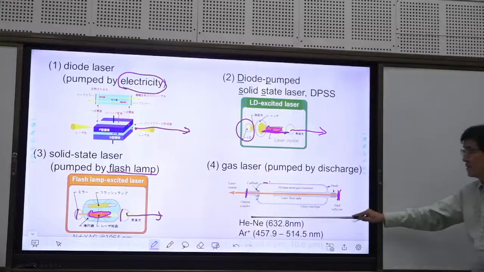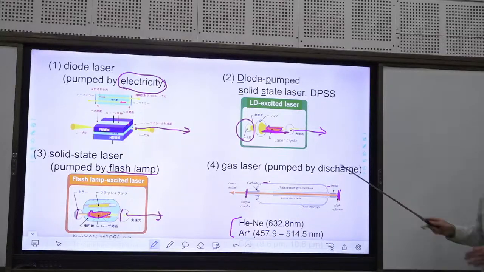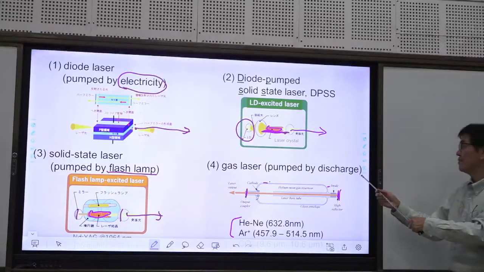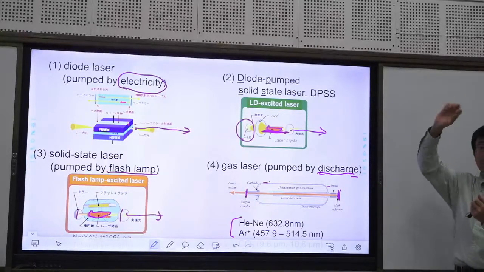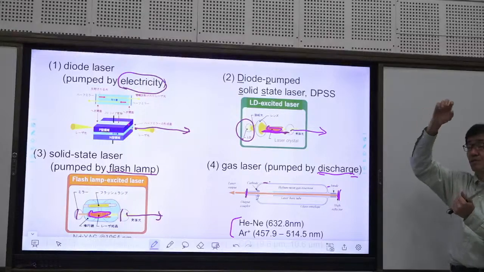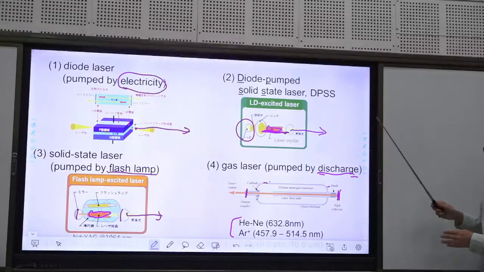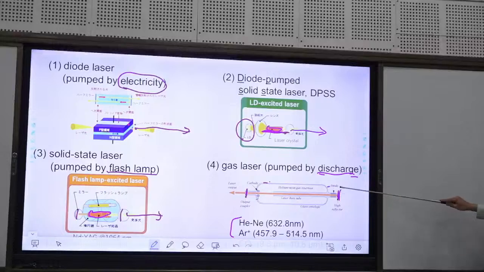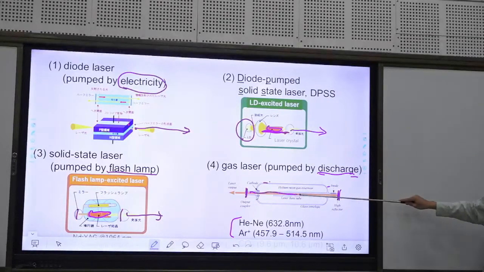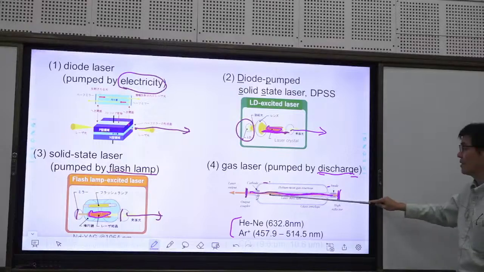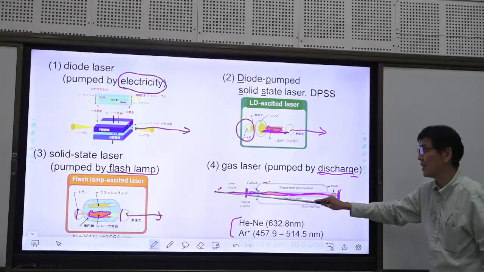And these gases are excited by discharge. Then it goes to the excited state, and the energy of the molecule is turned to energy of light. So by going back and forth in this cavity, laser intensity becomes strong, then it emits a laser light.